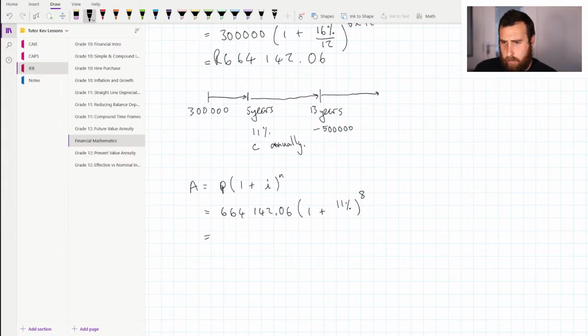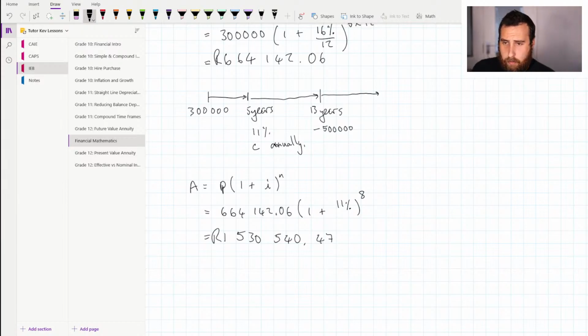And now I have 1,530,540 Rand and 47 cents. Great. So now what we're going to do is take away that 500,000 Rand that he withdrew to buy his fancy car.